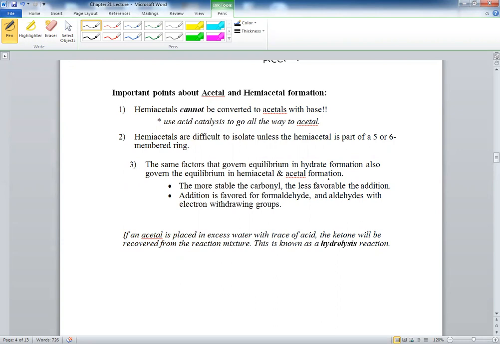Hydrolysis reactions are very, very important in biochemistry. In fact, acetals and hemiacetals will be seen in carbohydrates. So here's an acetal.